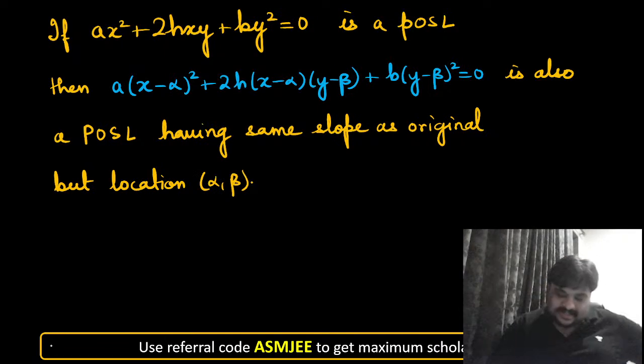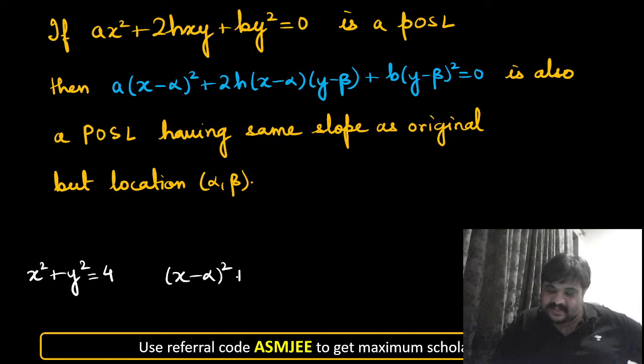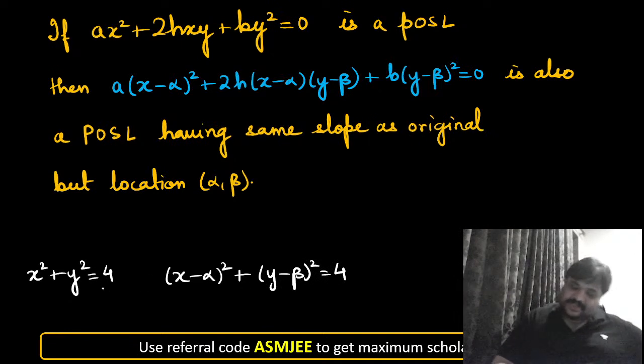It is almost like the same thing. This is a circle which is formed at the origin. What will this be? Replacing x by x minus alpha, this is another circle, again the same shape, same size, everything.